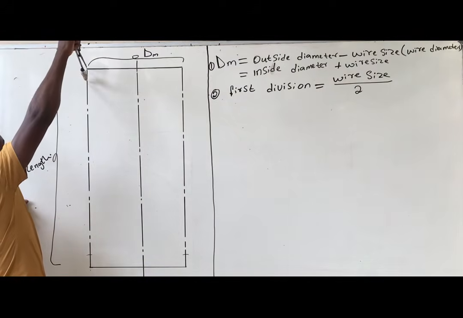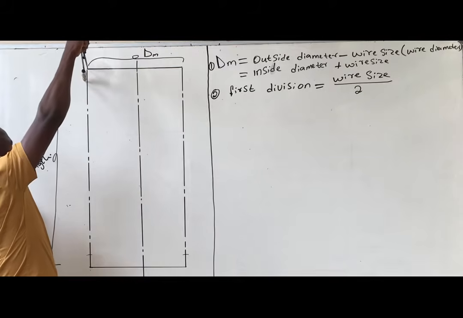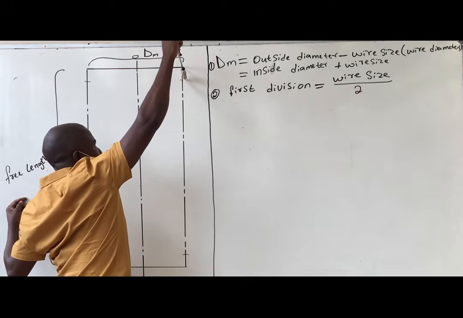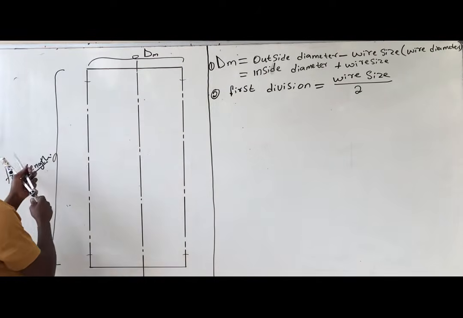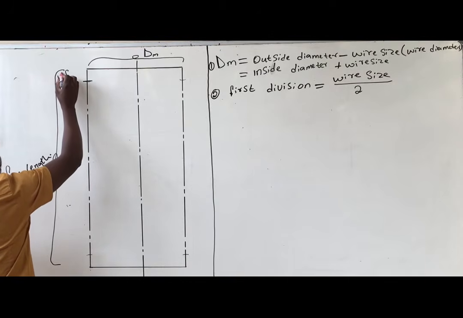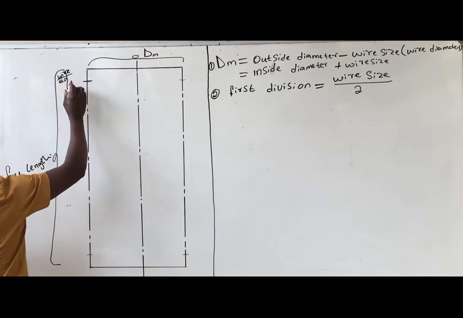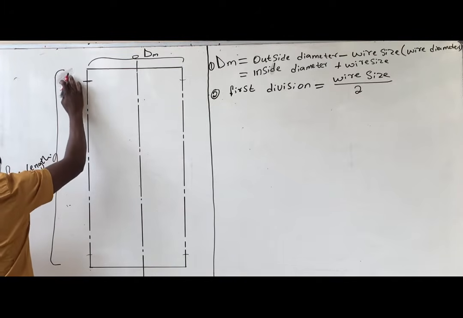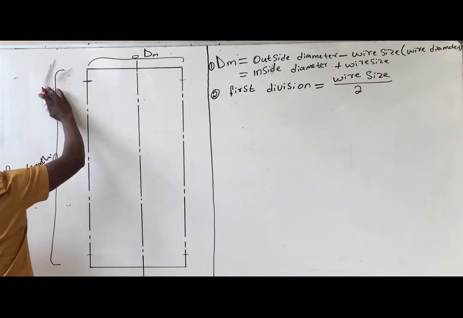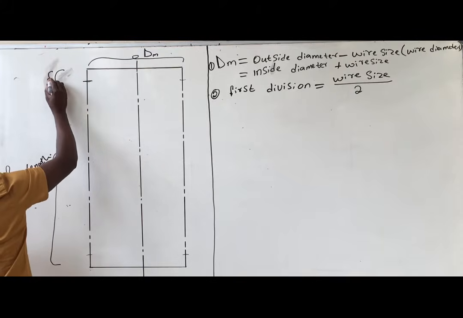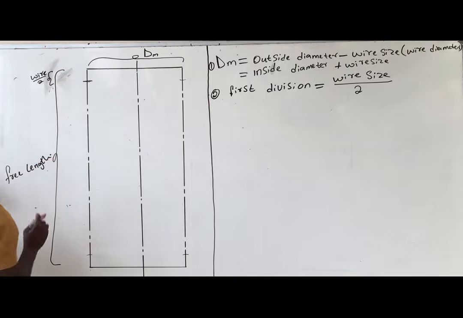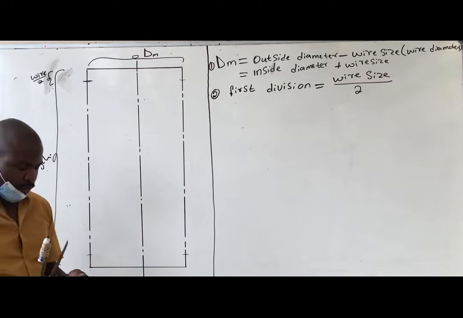So starting from the top, you must also take a wire size and divide it by 2. This distance there, it's a wire size divided by 2. That's your first division.